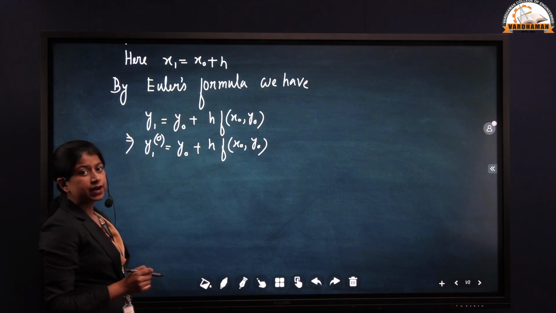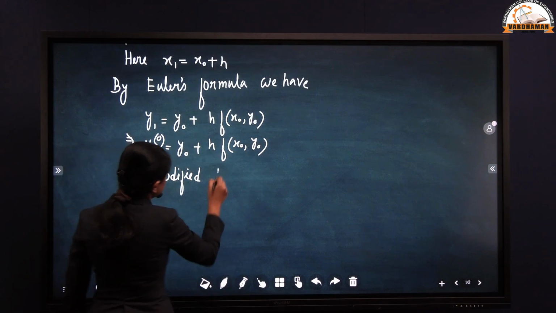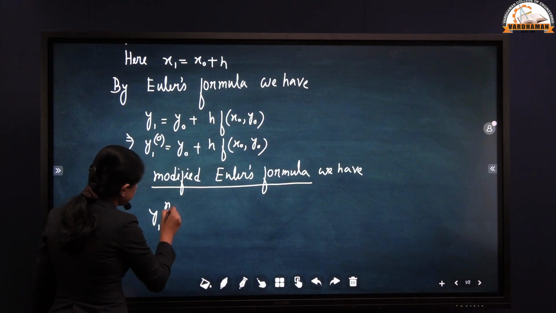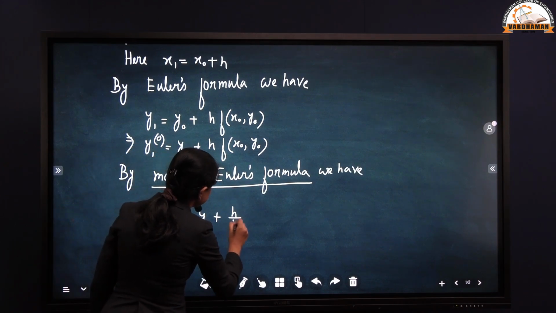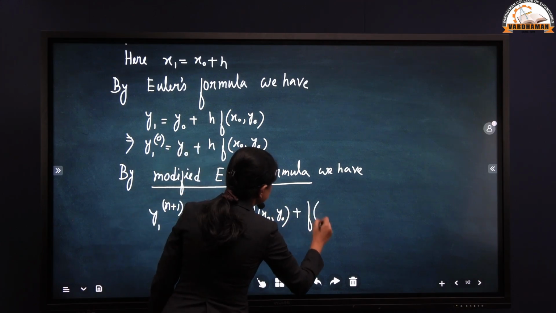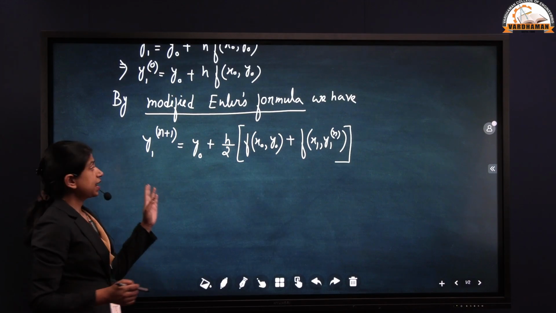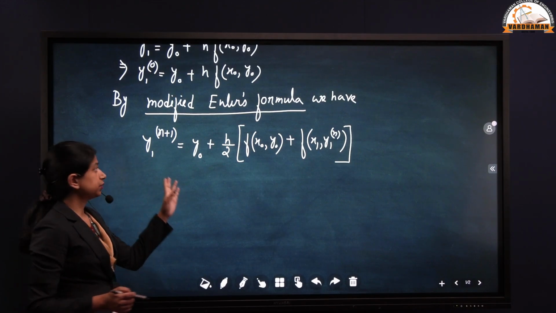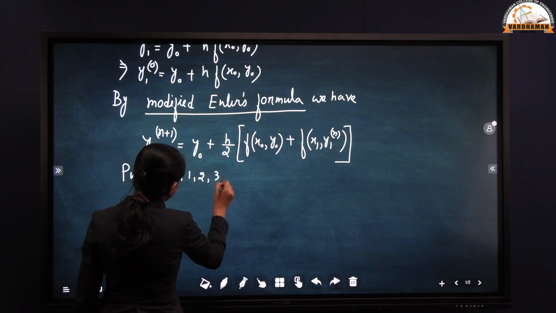Now by modified Euler's formula, y1 n plus 1 equal to y naught plus h by 2 f of x naught comma y naught plus f of x1 comma y1 n. Now let us put n equal to 0, 1, 2, 3 and so on.